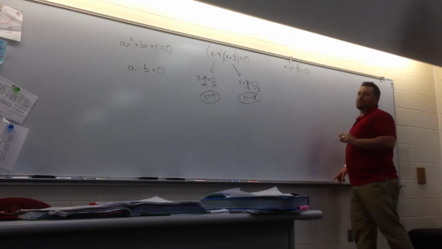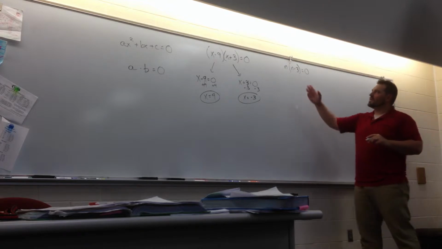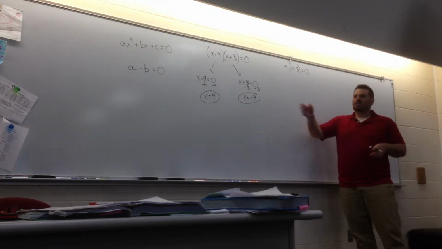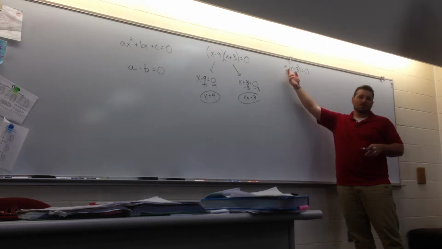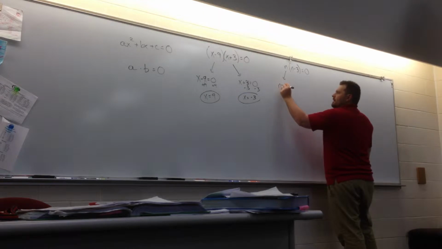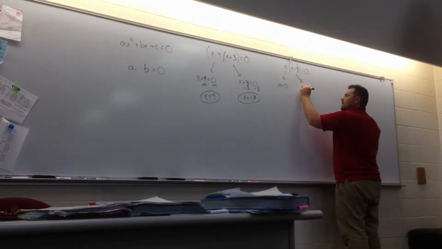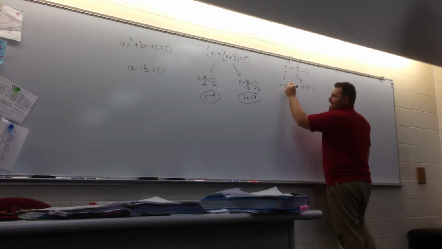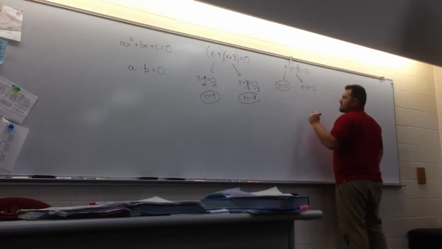Same thing goes if we have something like this. I still want to take and set each piece equal to 0. The only difference here is that this piece is a single n. So I say n equals 0, n minus 3 equals 0. Well, this already has n by itself, so that's already solved.